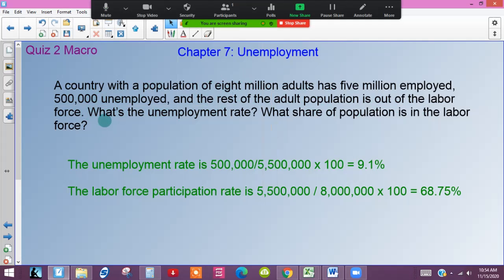So the first thing we want to do is calculate the unemployment rate. So we're going to put in our numerator the number of adults that are unemployed right here, and divide that by the denominator, which is the total number of adults that are in the labor force, which is the number of employed, 5 million, plus the number of unemployed.